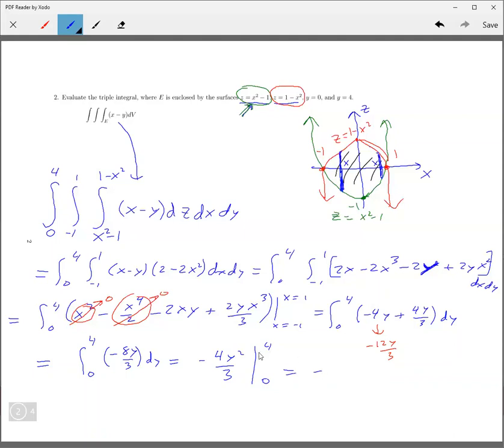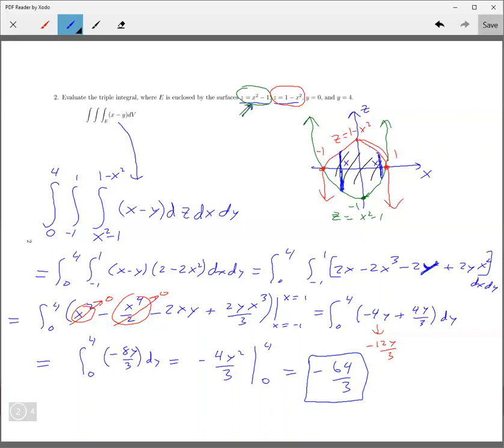Put a 4 in there, that's 16 times 4, that's negative 64 over 3. Okay, so that should be the answer, hopefully. So negative 64 over 3.